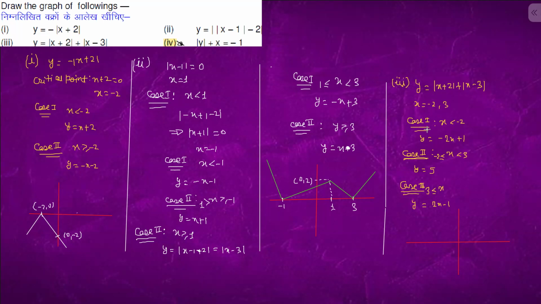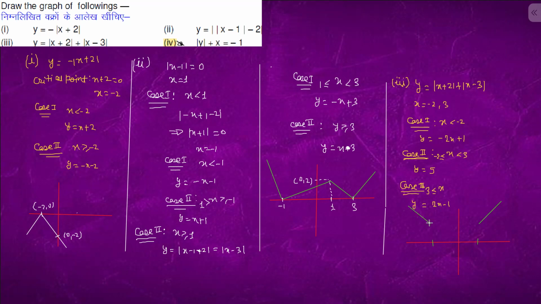So one critical point is minus 2 and one critical point is 3. When x is bigger than 3, it is going like this. When x is less than minus 2, it is going like this.